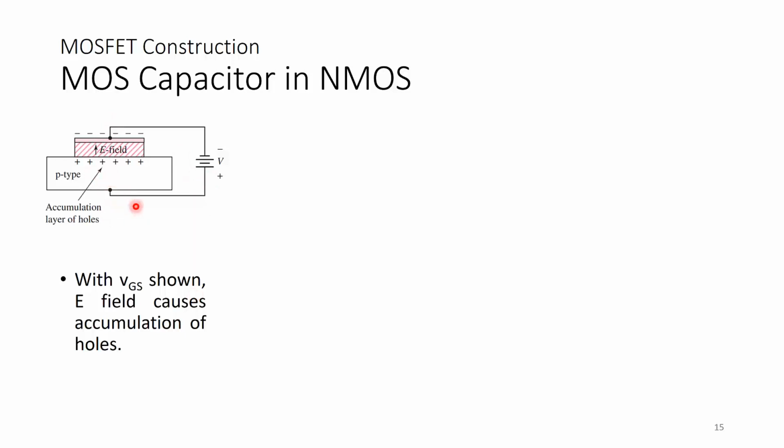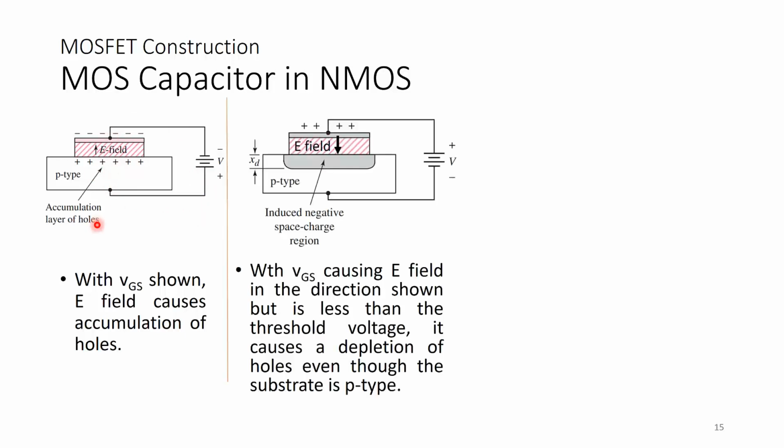Holes are attracted in this direction because this is going to be positive, and the electric field will be in that direction. But if we have the voltage supply connected in this configuration, you'll be accumulating the positive charge at the top plate, but at the bottom plate it causes the positive carriers, which are the holes, to move away from this channel region.